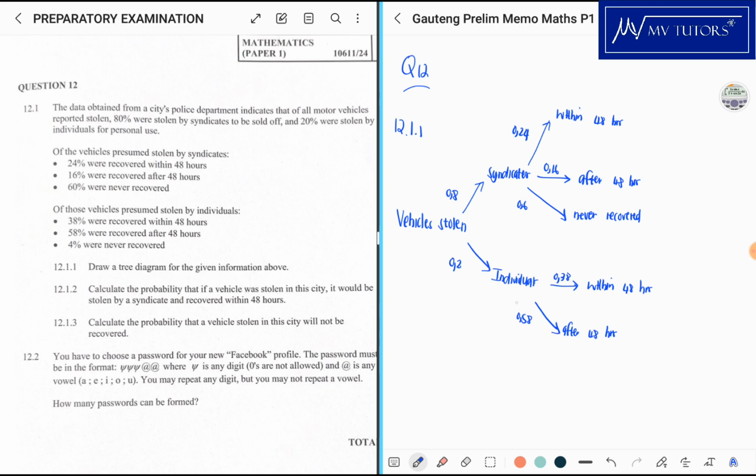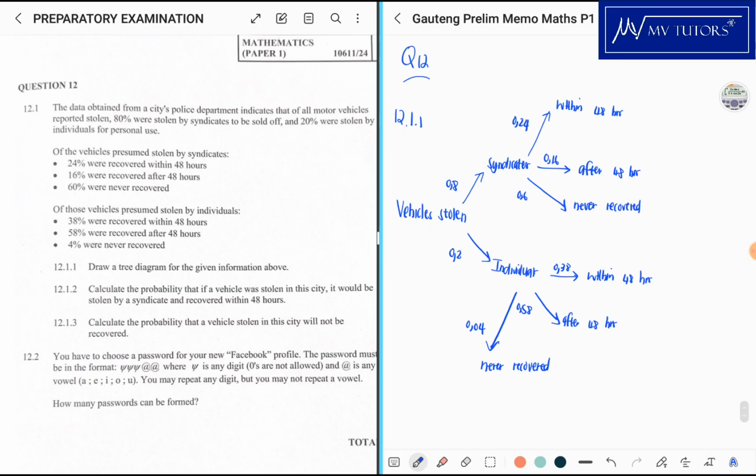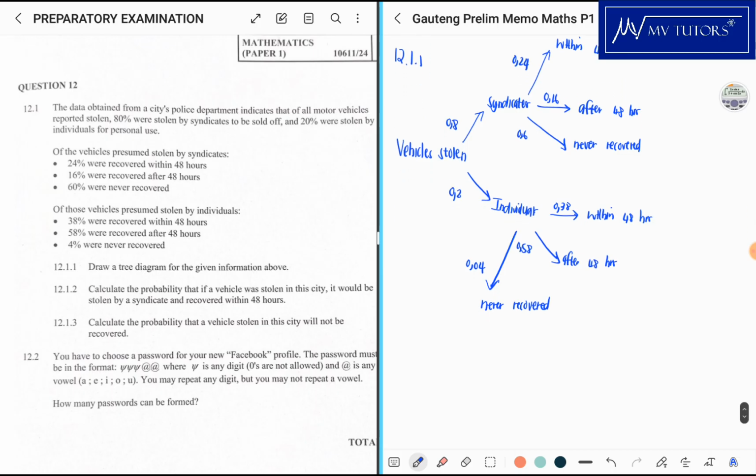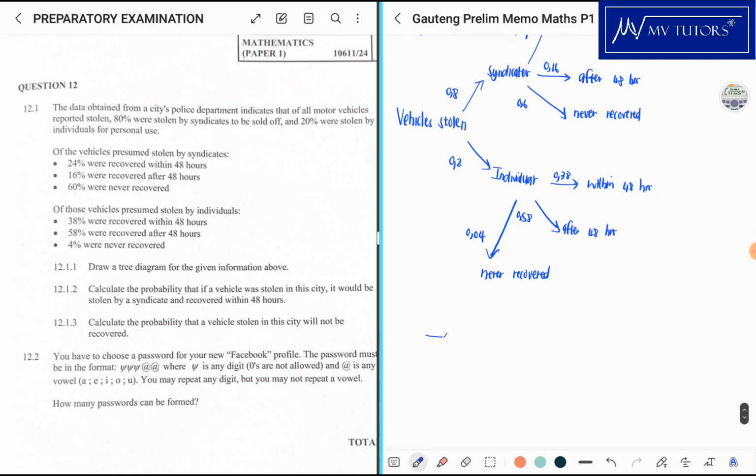And then never recovered, that is 4%, so 0.04. Okay, this is my tree diagram. Yeah, it would have been nicer if it was like this, and then 1, 2, 3, 1, 2, 3. But anyway, it's all good. You guys get it?